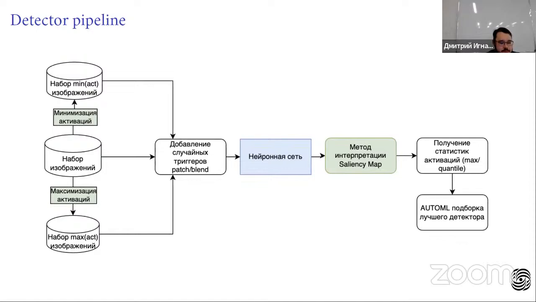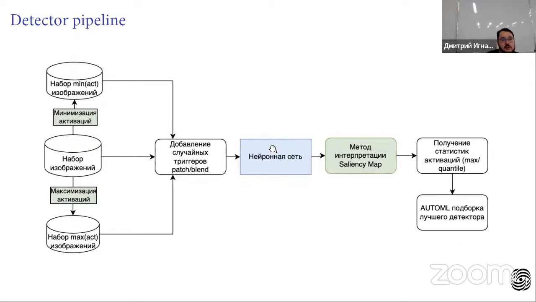And each image has 3 variants. The first one is the normal image. The second one has maximization activation applied, and the third one is minimization activation.